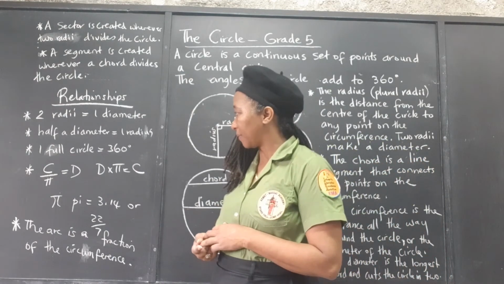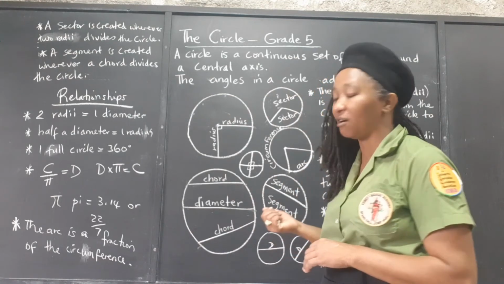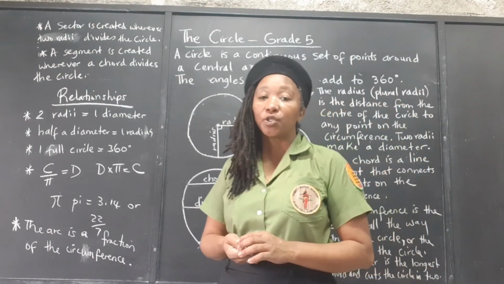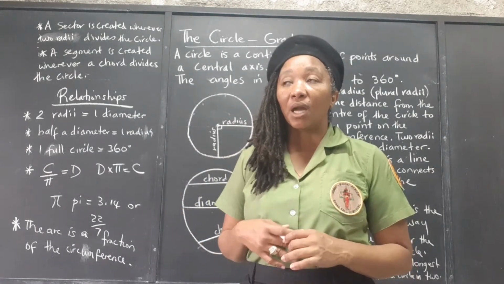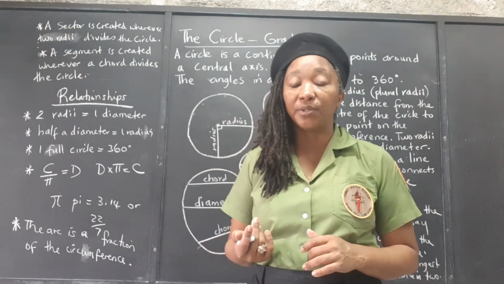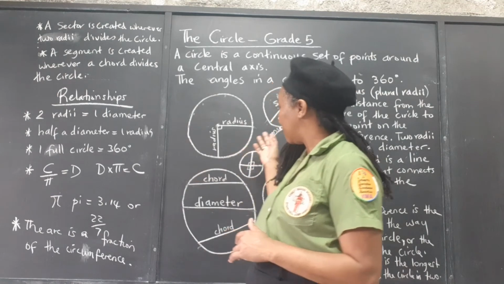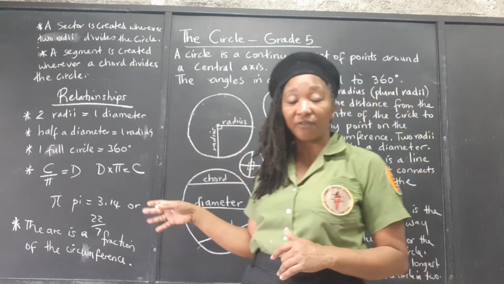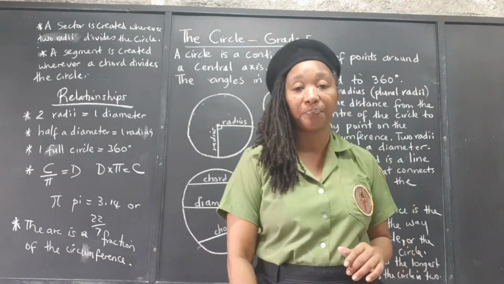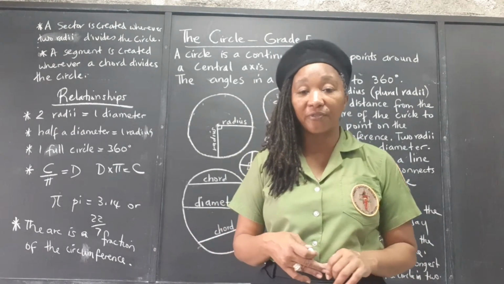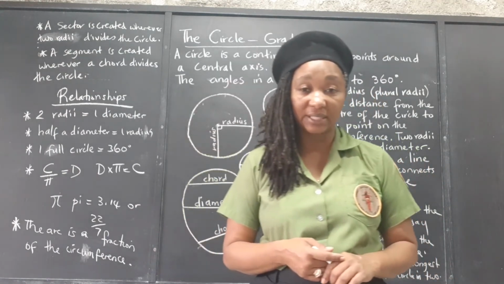Finally, the arc, we said that's the last definition I wrote, is a fraction of the circumference. So when you get further up in your studies, you'll be doing courses that require you to find the arc, or find the area of the segment or the area of the chord, that kind of thing. And we have to use this relationship between the arc and the circumference, knowing that the arc is a fraction of the circumference.